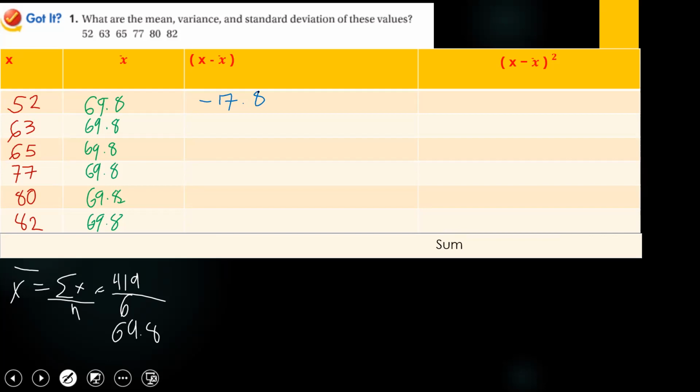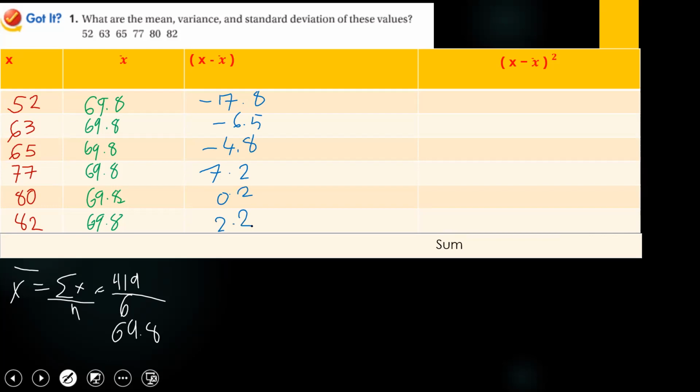Then 63 minus 69.8, which is negative 6.5. 65 minus 69.8, which is negative 4.8. 77 minus 69.8, which is 7.2. 80 minus 69.8, which is 0.2. And 82, it will be 2.2.